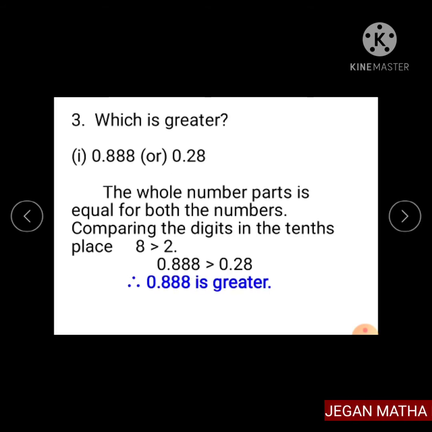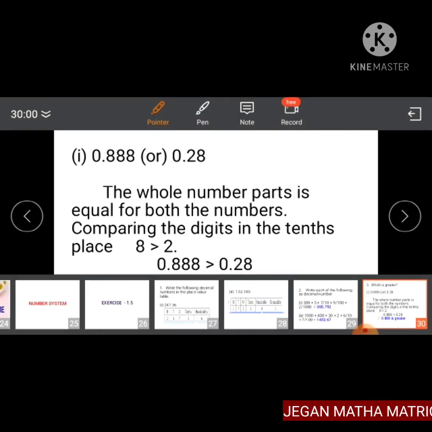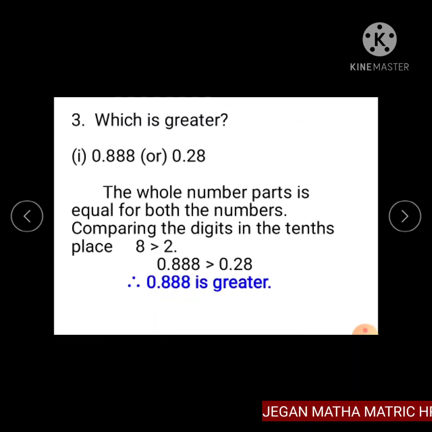Question number 3. Which is greater? Subdivision 1. The given numbers are 0.888 or 0.28. First, we compare the whole number parts of the given numbers. The whole number parts are equal for both the numbers.